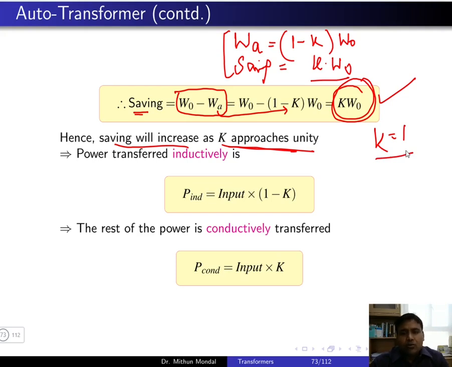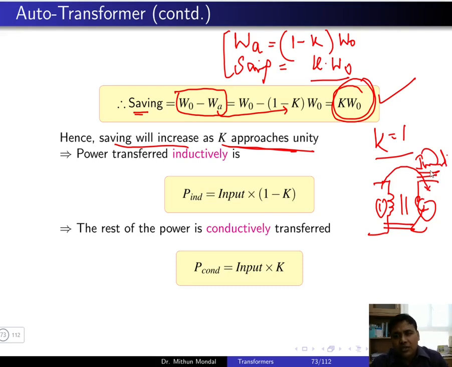Okay. Now in a two winding transformer, where you have two windings, these two windings 1 and 2 are not connected with each other. So the entire energy from this part of the circuit to here is transferred inductively. So there is inductive transformation of energy.